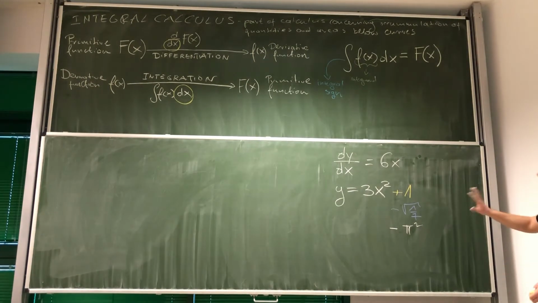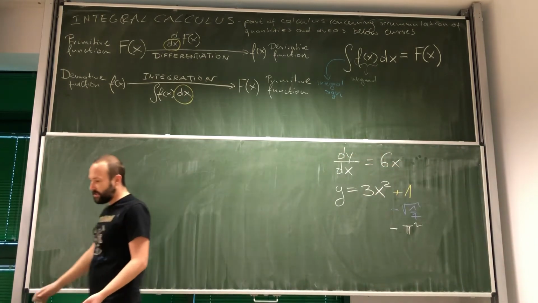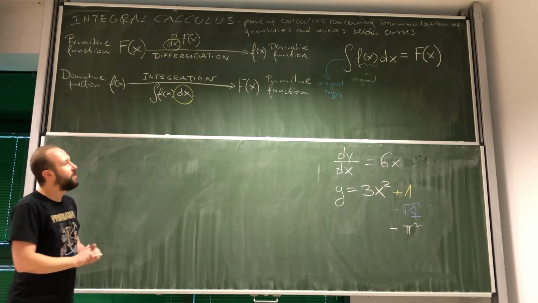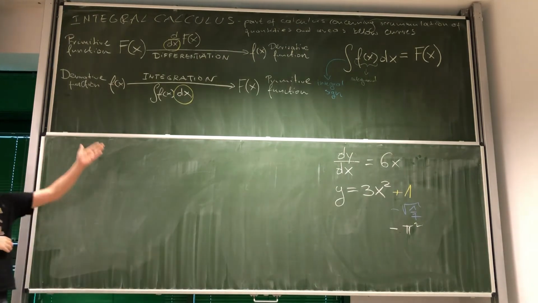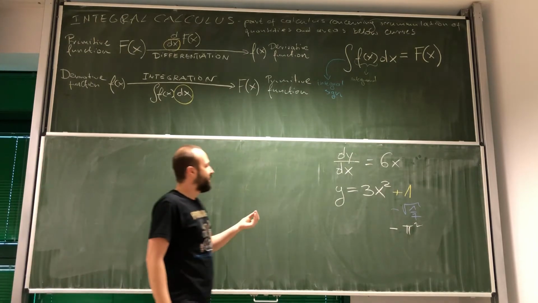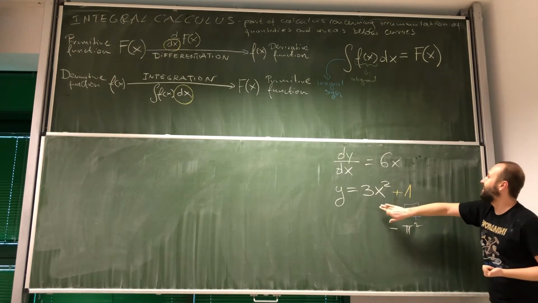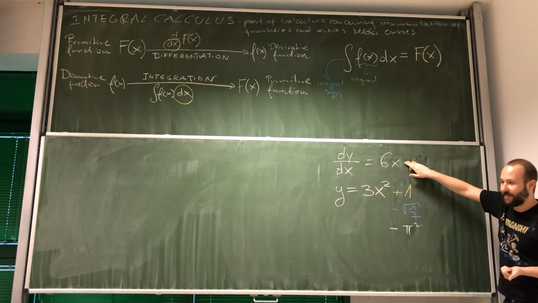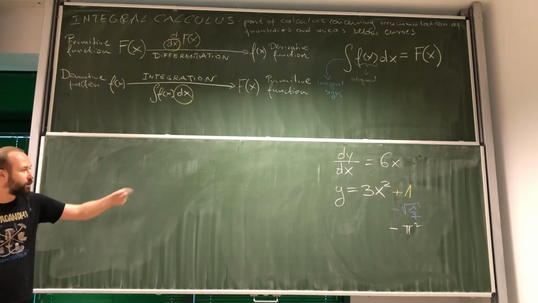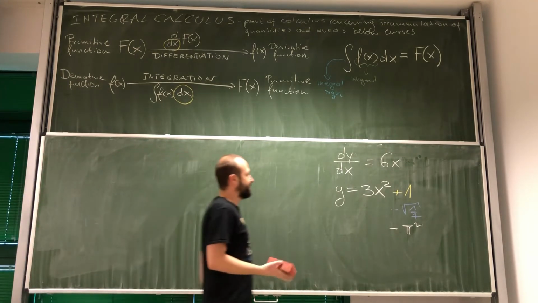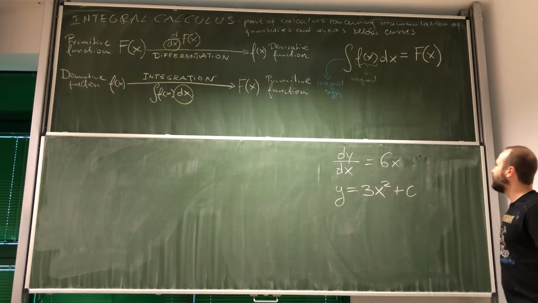So look, the thing is that because in the process of differentiation we are losing a constant, we need to acknowledge this in the process of integration. What do I mean by that? Look, actually, there is not only one function that can give you this derivative, 6x. There is actually a family of different functions that will give us the derivative 6x. If I would like to write that down, I could just put here plus c.